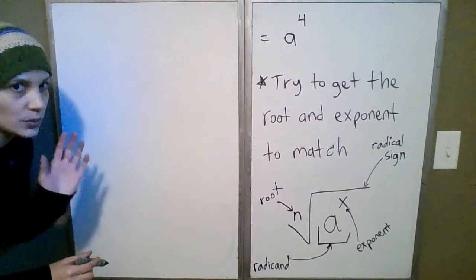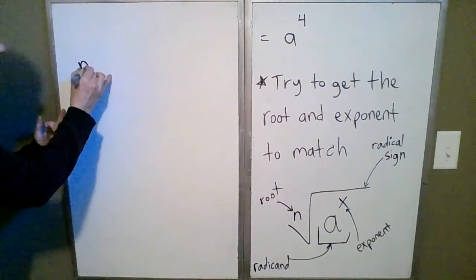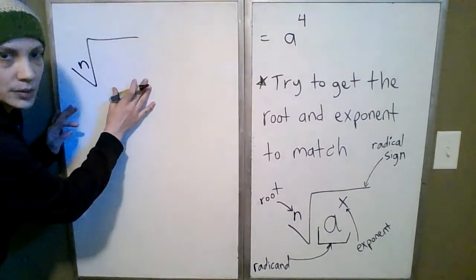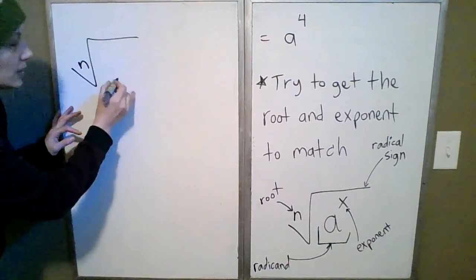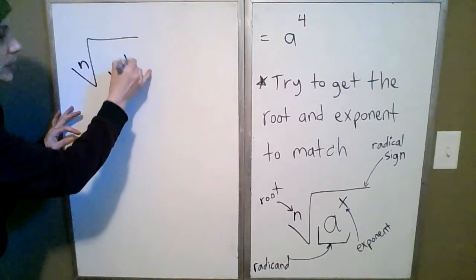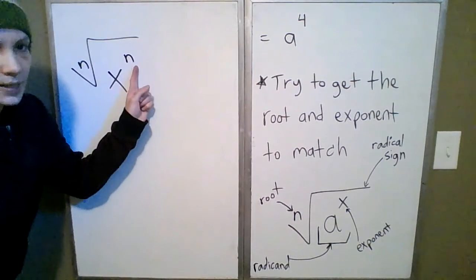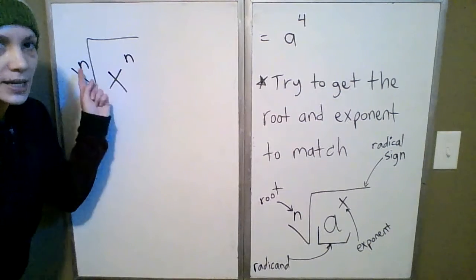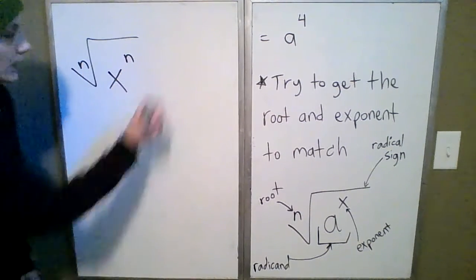So let's say that you can work out the problem so that your root is n, and you've gotten whatever's underneath the root, the radicand, to have a power of n. So let's say your base is x and it has power n. I can try to find a way to get the root and the exponent to match.